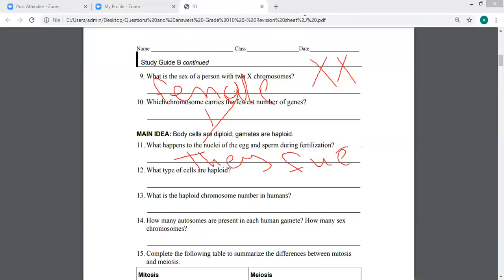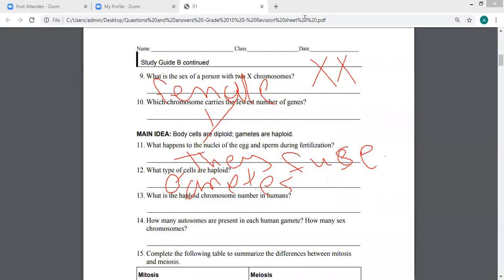Okay, number 12. Which type of cells are haploid? Sex cells, or gametes. Okay. Number 13.